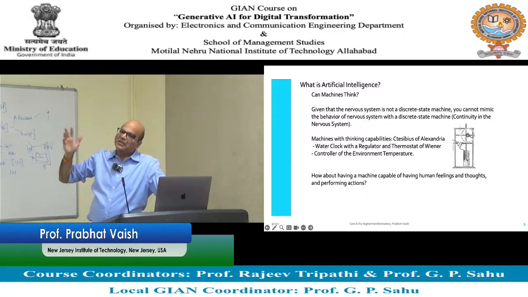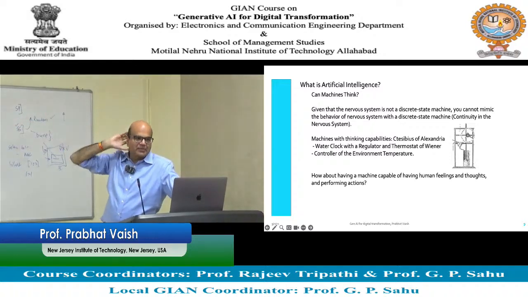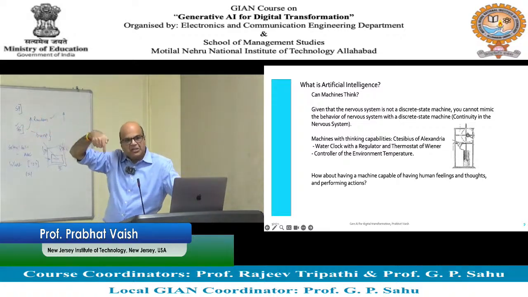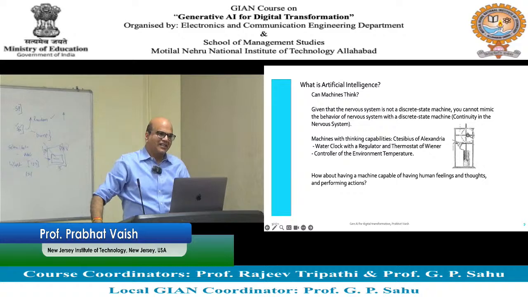I'm going a little bit historical and a little bit theoretical so that you can appreciate how thinking like this, that the nervous system is a continuous system and cannot be modeled by a discrete state machine, ended up today where we have a discrete state machine like a Turing machine which is mimicking our brain's functionality.